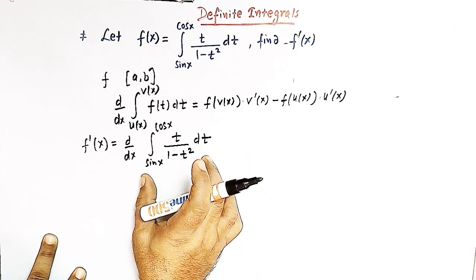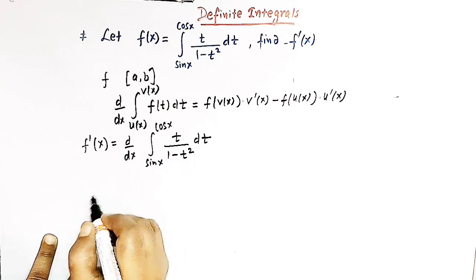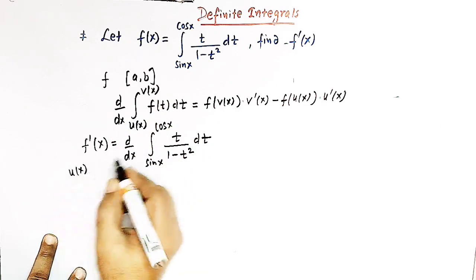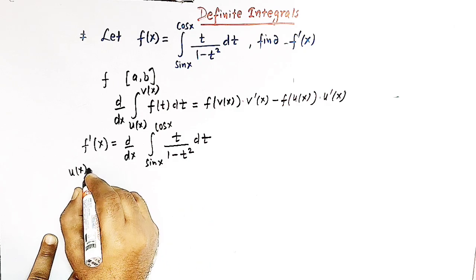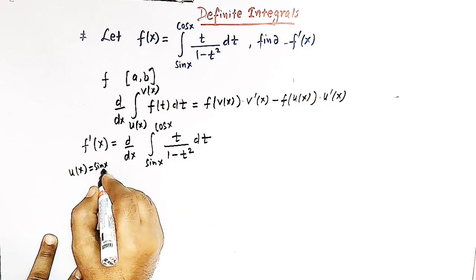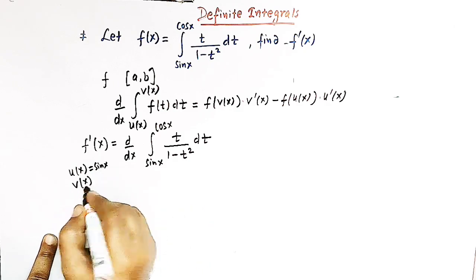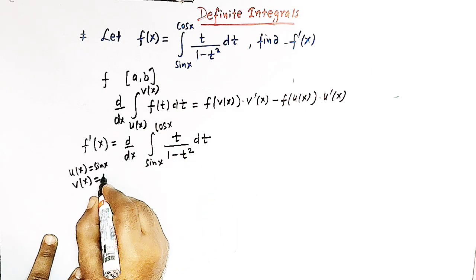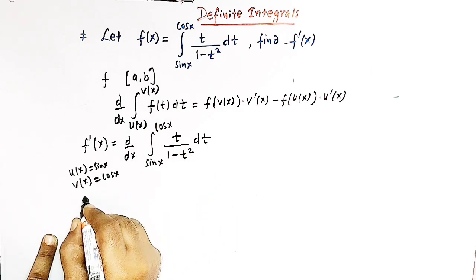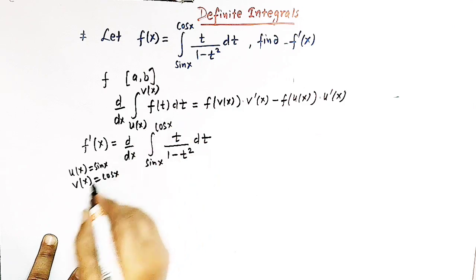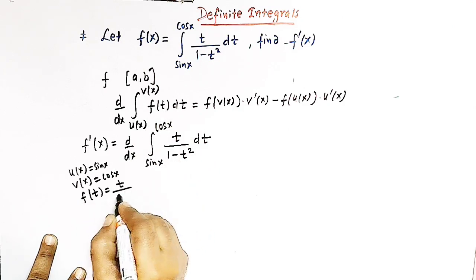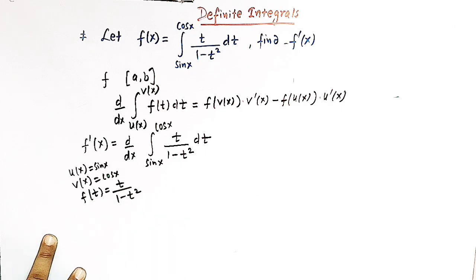So if we compare this integral with this one, then we can easily see that u of x, the lower limit, is equal to sine x, and the upper limit, that is v of x, is cosine x, right? And the function f of t is given by t divided by 1 minus t square.